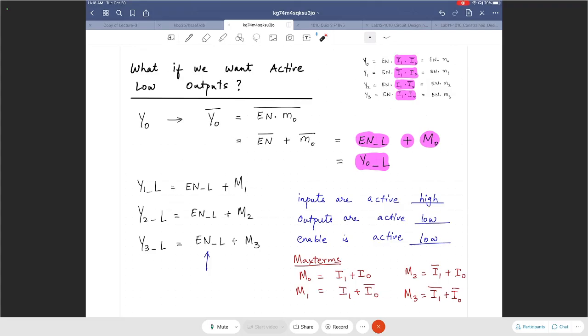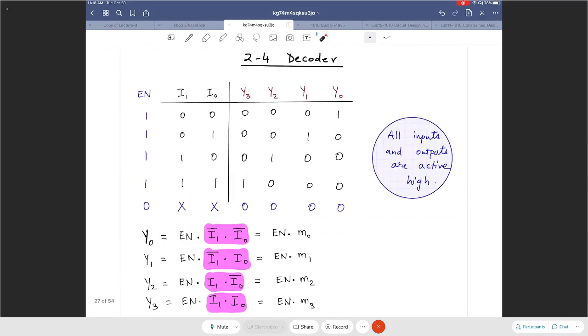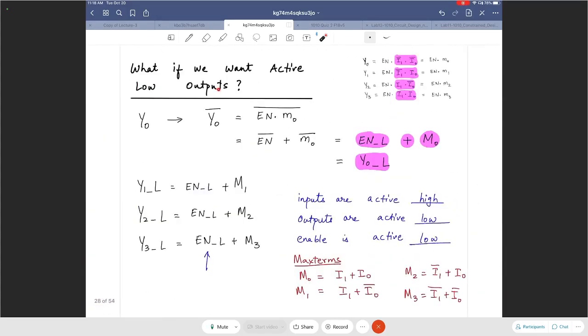The outputs of the decoders were max terms when we went for active low outputs. So when we had active high outputs, we had min terms. And then as soon as we made them active low, all our outputs became max terms for those inputs.